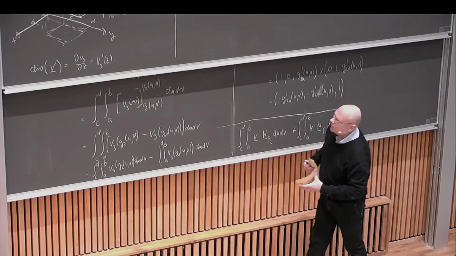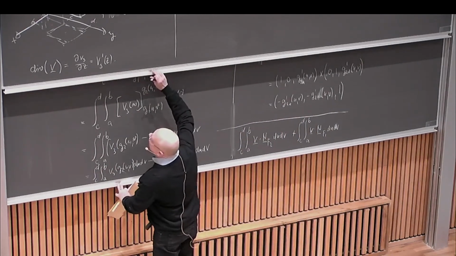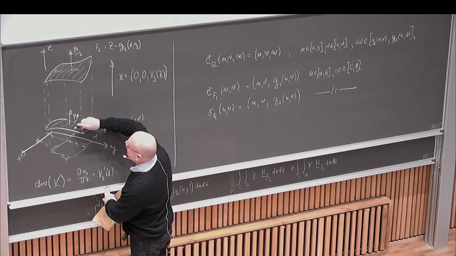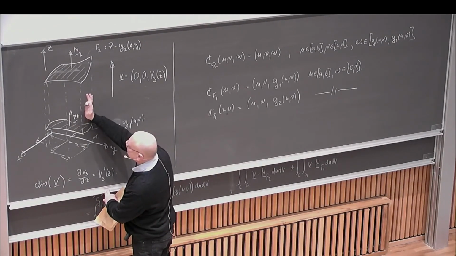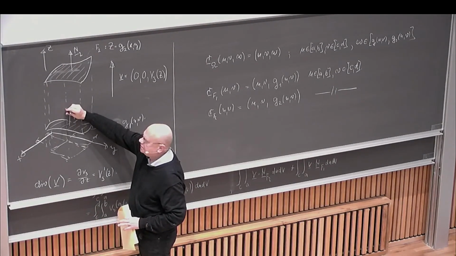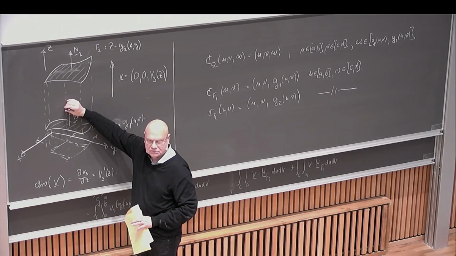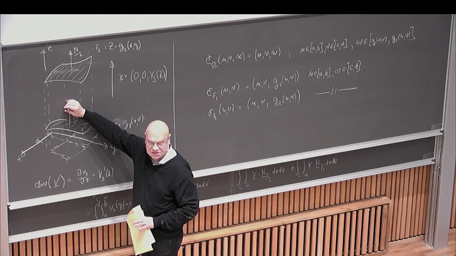Now, for the other, say, 4 bounding surfaces here, the normal vector is perpendicular to your vector field. So the dot product between these is 0.